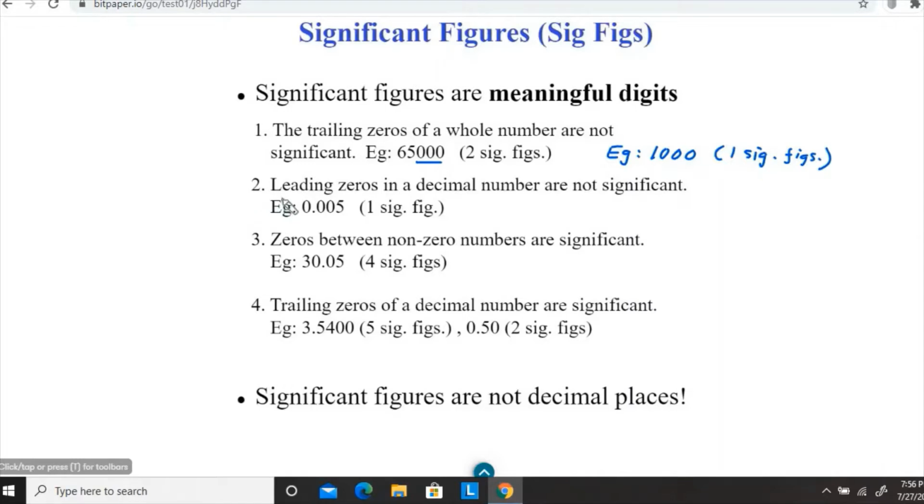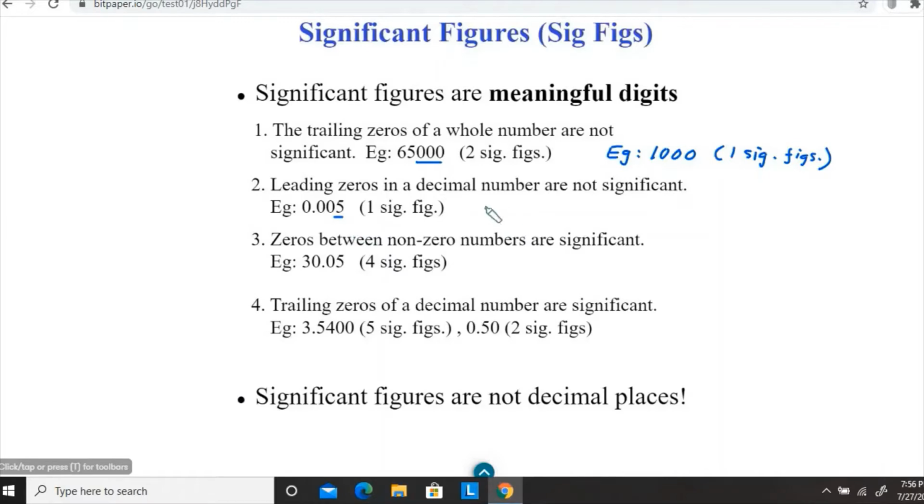The second rule is leading zeros in a decimal number are not significant. So now you need to look at a decimal number. If there are leading zeros, that is zeros before a digit, then those zeros are not significant. Here you have 0.005. There's only 1 significant digit, that is 5.